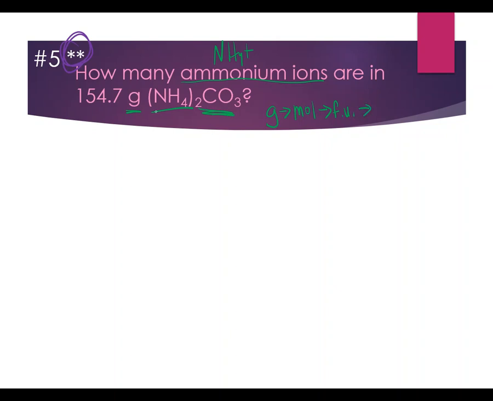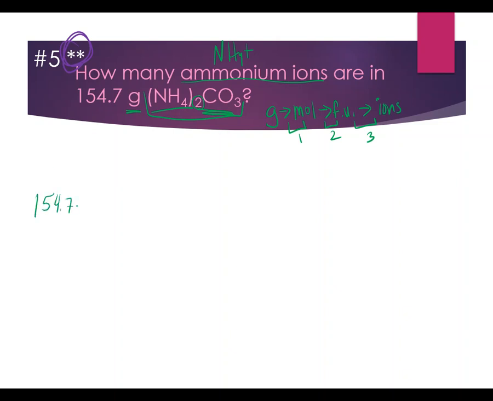Now from the formula unit, if you look at this one formula unit, how many ions of ammonium are in this formula unit? 2. If you look here, here's the 2. That tells me there's 2 of them. So I can go from formula units to ions at the end here. This is going to take 3 steps though. So I have to set up my T-chart to have 3 steps.